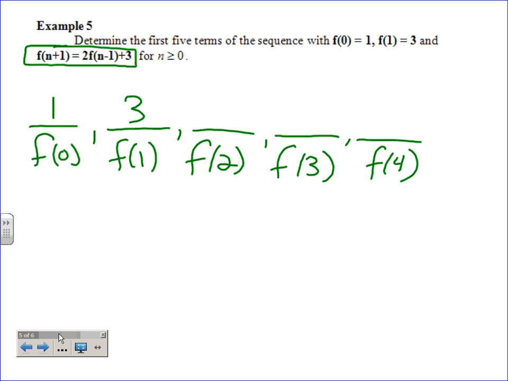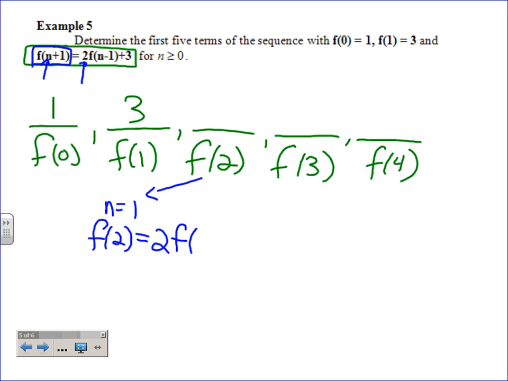So f of 2 is the first one I don't know. So again, you've got to go up here, and I have to make that right there say f of 2. And there's only one way to make that happen, and that's if n is 1. So as you're going through this formula, anytime you see an n, you're going to put 1. So if I make that a 1, it makes it f of 2, which is what I wanted it to say. So then there's a 2.